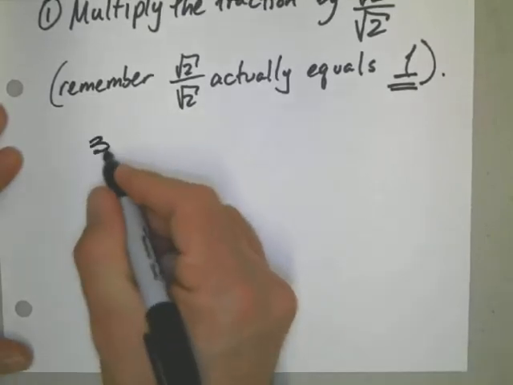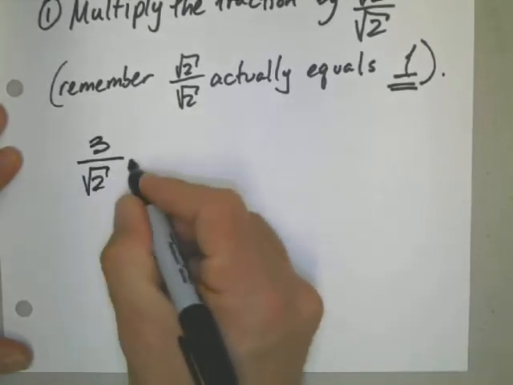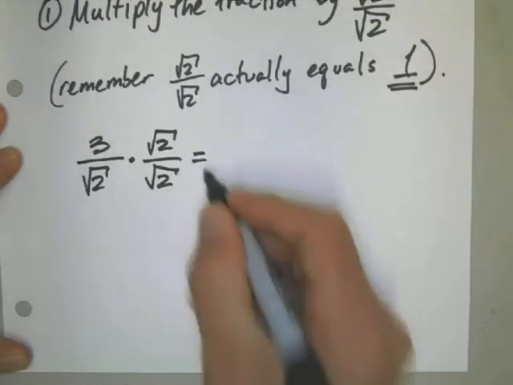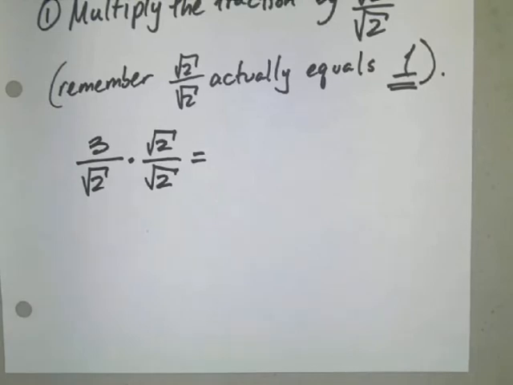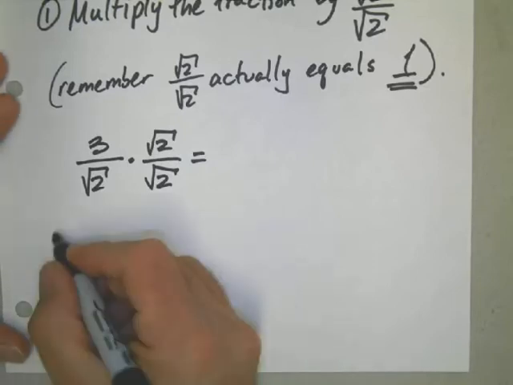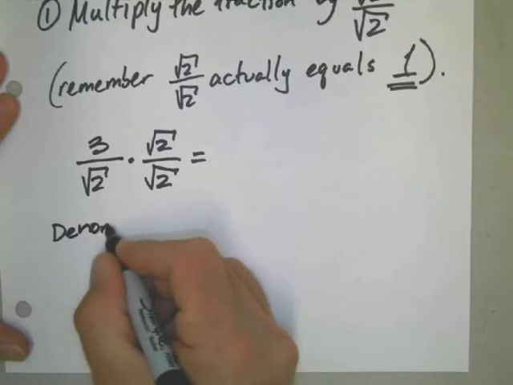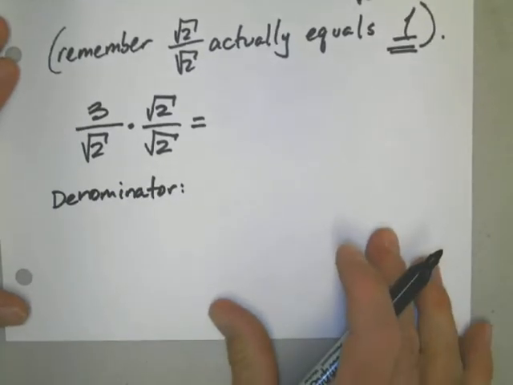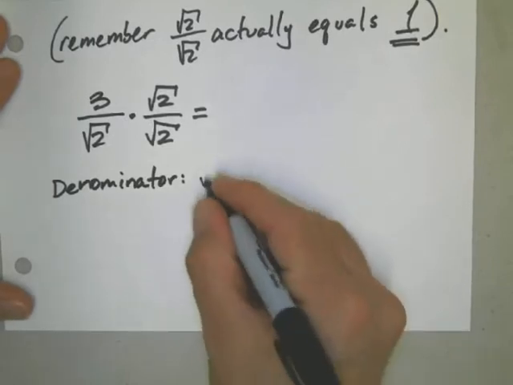So here we go. We're going to take 3 over the square root of 2 and multiply both the top and the bottom by the square root of 2 over the square root of 2. Now watch what happens on the bottom when we do this. We're going to look at the denominator only.